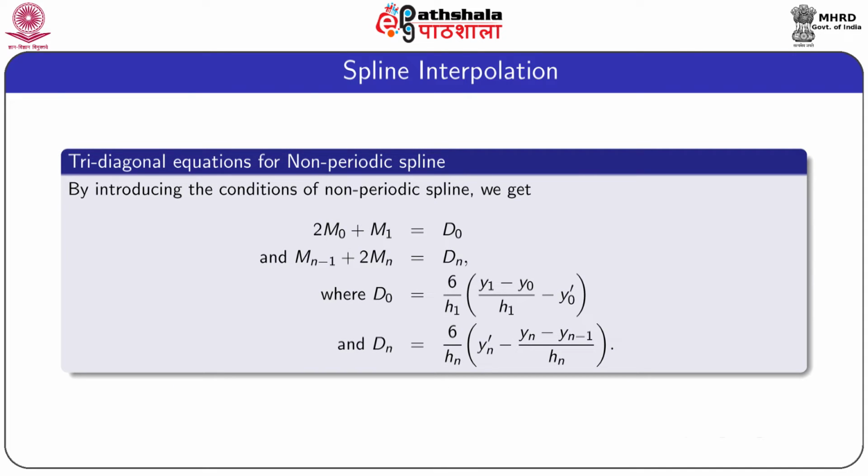Now, for non-periodic spline, the system of tridiagonal equations is obtained in this slide. By introducing the condition for non-periodic spline, we get 2 m0 plus m1 equal to d0 and mn minus 1 plus 2 mn equal to dn, where d0 and dn are calculated in the following expressions.